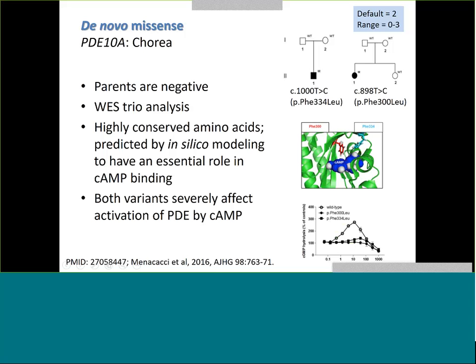They show in the paper that both of the parents were wild type. So a question that we've been discussing here as well: they had done trio analysis by WES, and what they state in the paper is that the family-based sequencing approach of these individuals directly indicated that both mutations had occurred de novo.